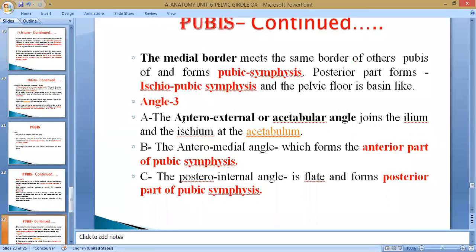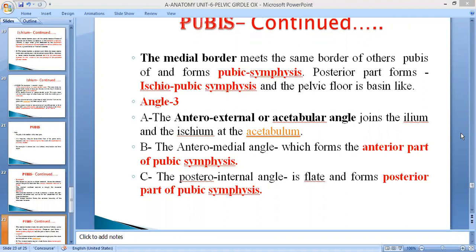First is the antero-external angle, known as the acetabular angle, because this angle is for the formation of the cotyloid cavity or acetabulum. Opposite to this is the anteromedial angle, which forms the anterior part of the pubic symphysis, and the posterior internal angle forms the posterior part of the pelvic symphysis.